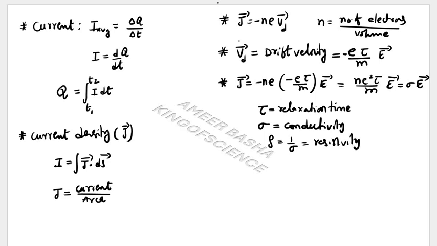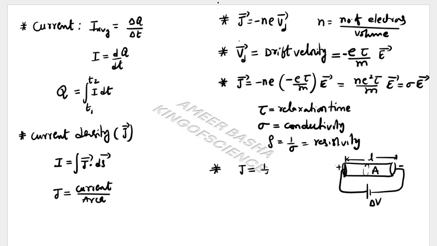Suppose I take a simple linear conductor. Let us connect it to a battery which has a potential difference of delta V. Let's say the length of the conductor, from high potential to low potential along which the current goes, is L, and the cross section along which the electrons are crossing is A. Then here I can write J is equal to sigma, that is 1 by rho, into E. J means current per unit area, into 1 by rho.